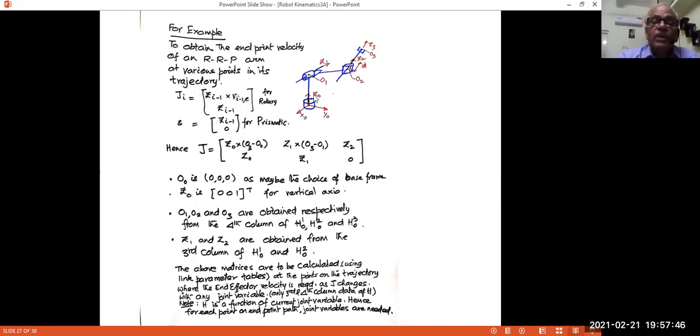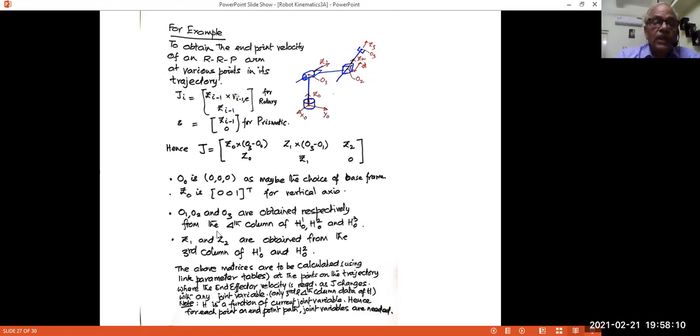O0 happens to be, by our choice, the reference coordinate frame, so O0 will be 0, 0, 0, and Z0 is a vertical line, which we can make along the unit K direction, so it will be 0, 0, 1 for the vertical axis.